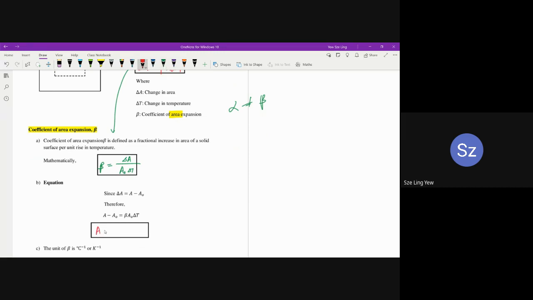So final area is equal to A0 bracket 1 plus beta delta T.